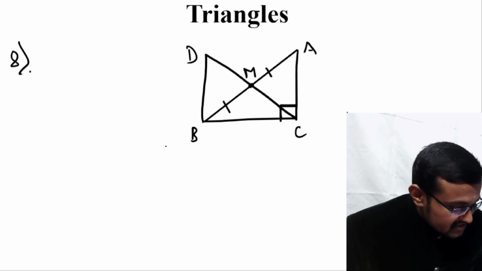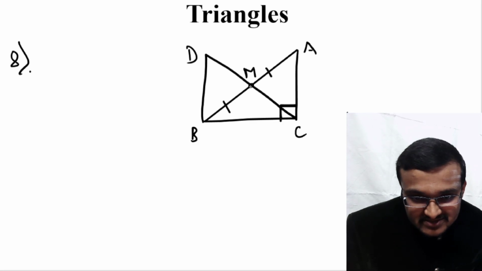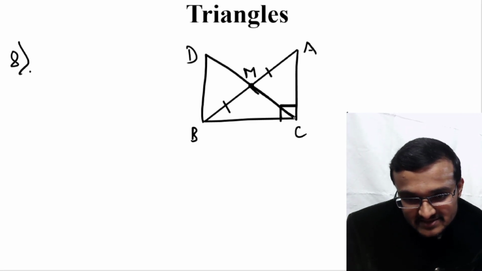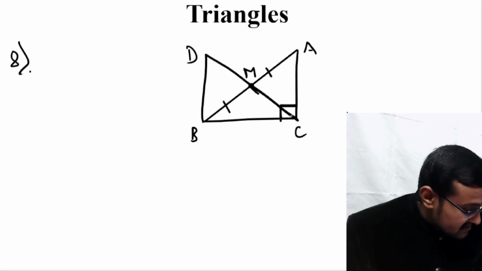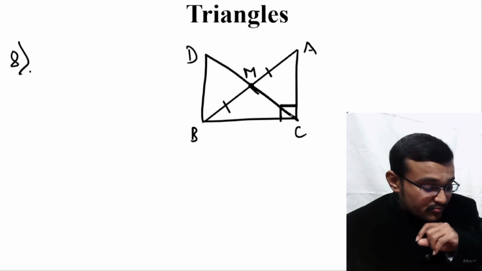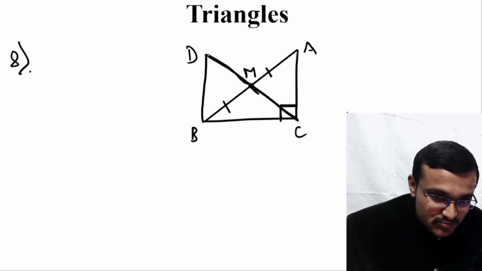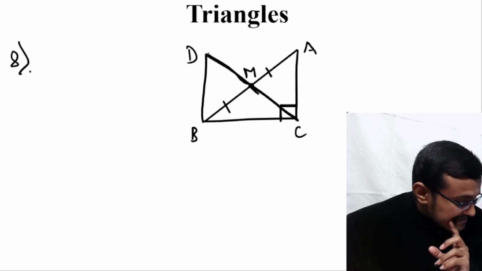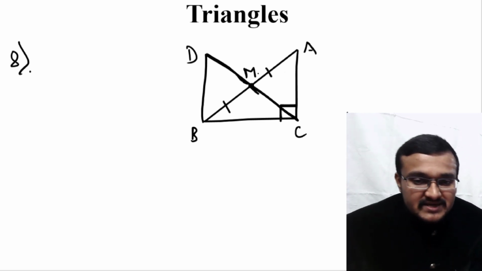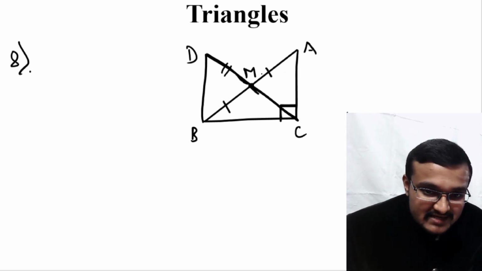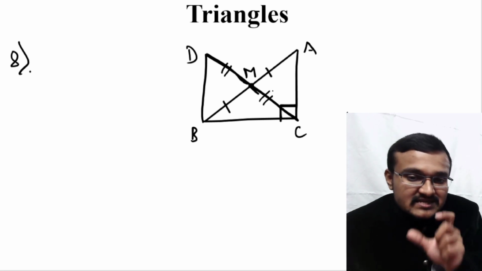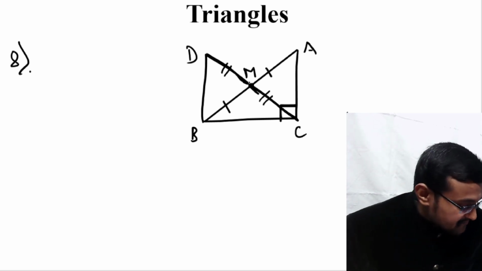Now C is joined to M. So that means here the MC line is joined like this, and produced to a point D. So now this line is produced to point D, and DM should be equal to CM. So that means these two lines should be equal. So that is CM should be equal to DM.